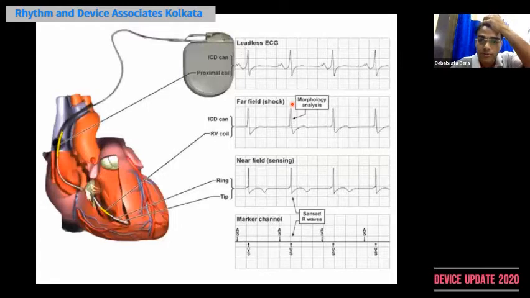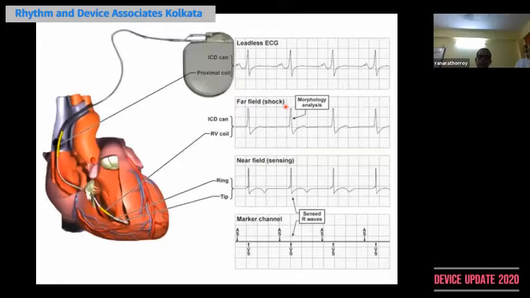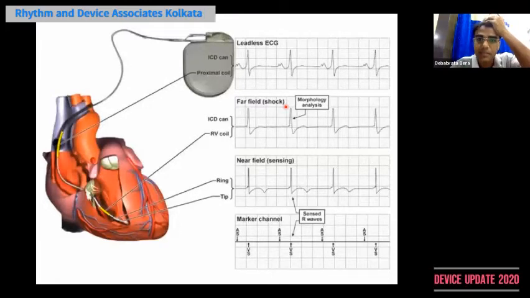So from the morphology of this electrogram itself, you can tell with substantial confidence that the patient is possibly having an arrhythmia, and you can discriminate between SVT and VT. Hence, this far field electrogram is called the discriminator. So there is something called morphology match in ICD.